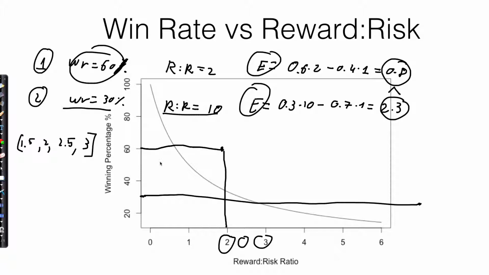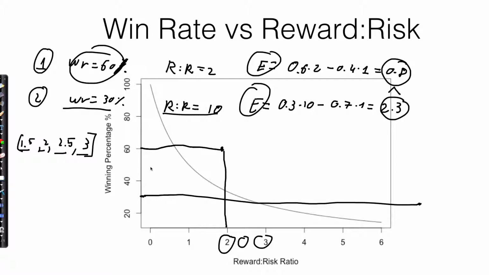Okay? So that's what I suggest you do. You look back at your trades, you try to set a target at maybe these 4 levels, and then you check on the chart if you would have hit stop loss or not. Of course, the higher this number, the easier to hit stop loss. And you can see from the curve, if you increase the reward to risk, the winning percentage is lower, and it makes sense, right?